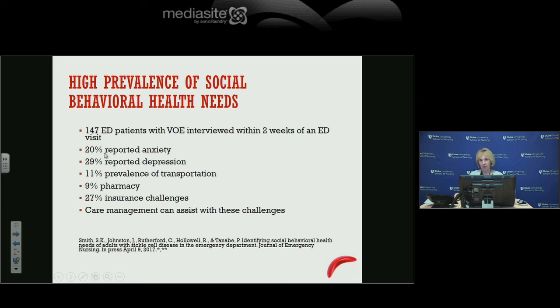This was over about a year and a half. We had 147 ED visits in which the screen was administered. As you can see, there was a high prevalence of anxiety, depression, a fair number of transportation issues, pharmacy issues, and insurance challenges. These are all things that care managers can assist with.